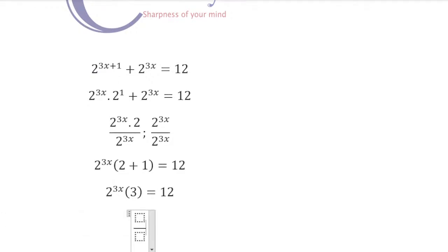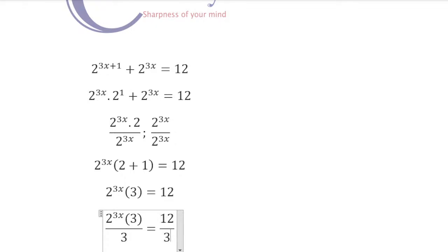So we have 2 to the power 3x multiplied by 3, divide by 3, is equal to 12 divided by 3.